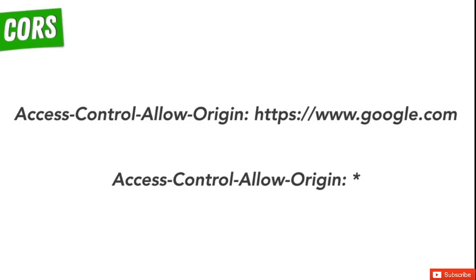You'll often see this in servers that are under development or that host data which is meant to be used by basically anyone on the internet. But in production, if you're really trying to lock down your site, it's a good idea to explicitly set access control allow origin to the list of domains that you know will be making requests to your server.